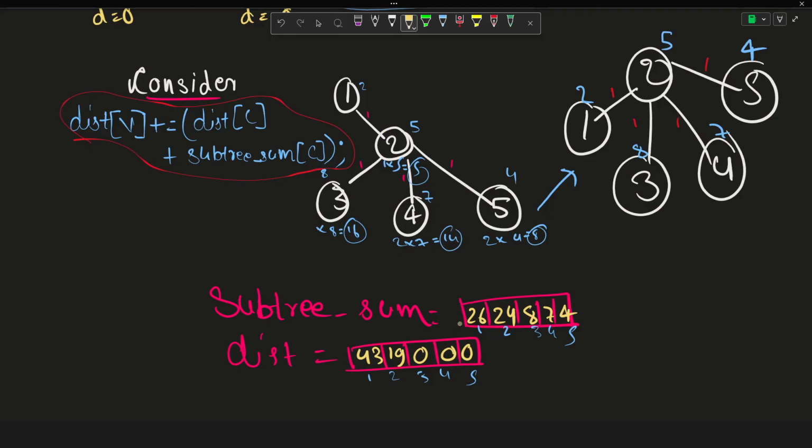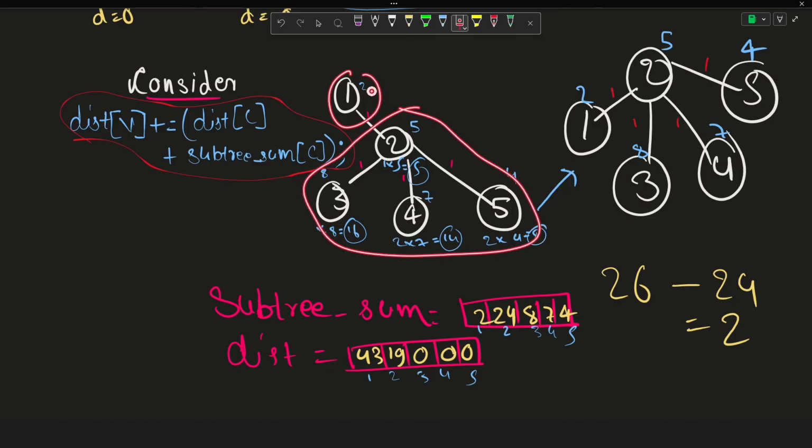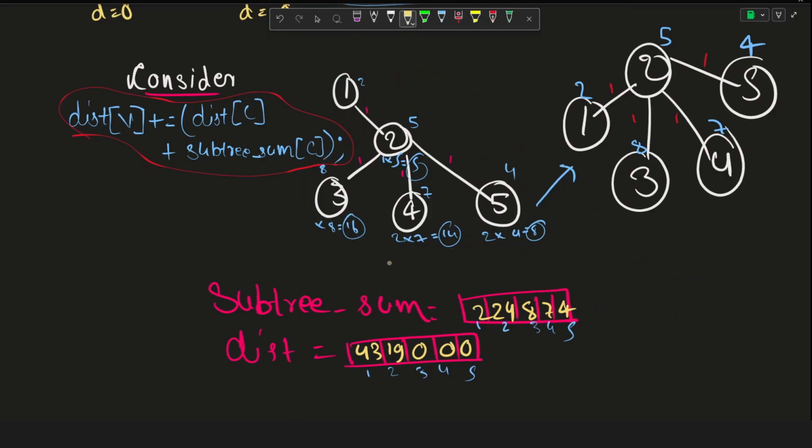So whatever is present in the subtree sum of 1, which is 26 here, would now be 26 minus the subtree sum of 2, that is 24, so it would be 2 only. Let me update that to 2 here. So the subtree sum of 1 will become 2 now. You can imagine this is now a separate tree and this is a separate tree, and since it is a separate one, the only subtree sum is itself, which is equal to 2. Along with updating the subtree sum, we also have to subtract the distance. So the distance of 1 would be what?